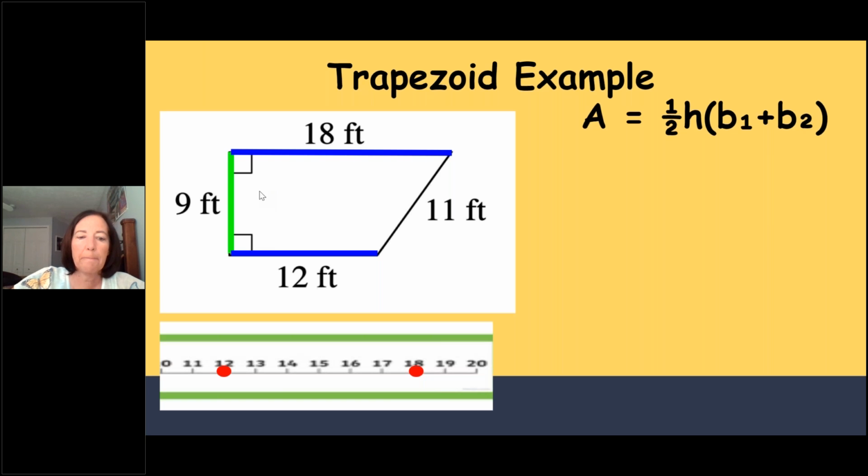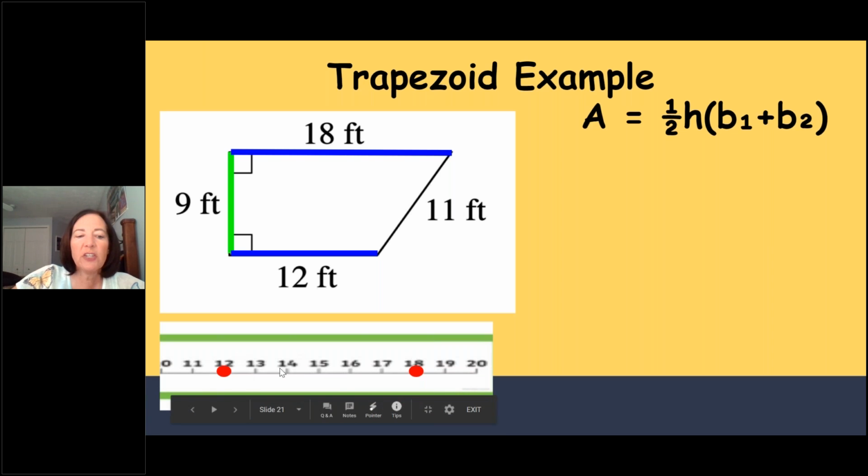And then I like to think of the number line. To find the average or the halfway point between my two bases, I've marked a 12 and I've marked 18 on the number line. And I say to myself, what value is exactly halfway between 12 and 18?